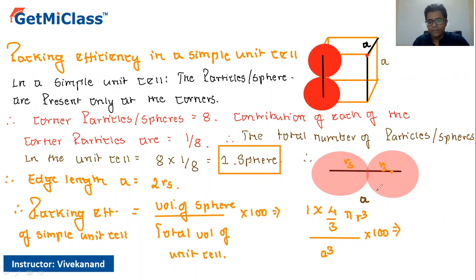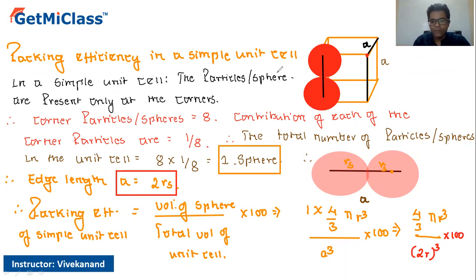Now, what is the value of a? We have seen that a is 2 times r. So it becomes 2r cube into 100.